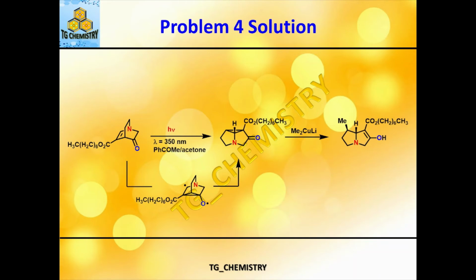Okay, so the second step will go this way: the reductive cleavage of the cyclopropane ring of the cyclopropane fused pyrrolizidine compound will take place in the presence of lithium dimethyl cuprate, and the keto form, as you can see, is enolizable. So this keto-enol tautomerism will take place to end up with an enol form.